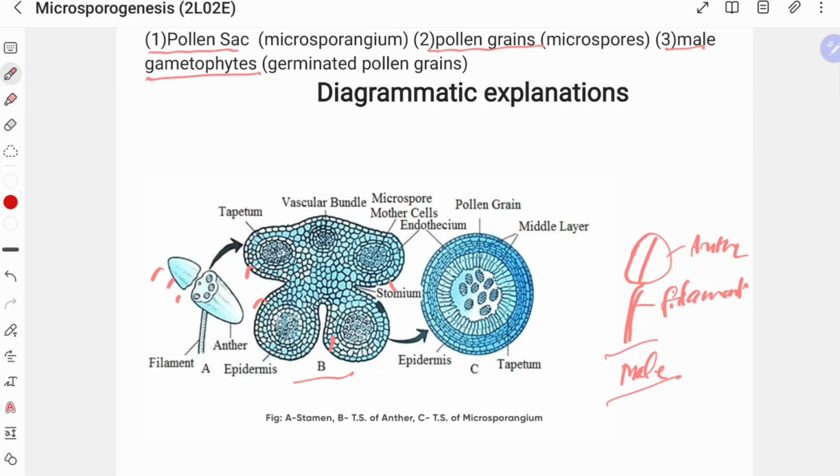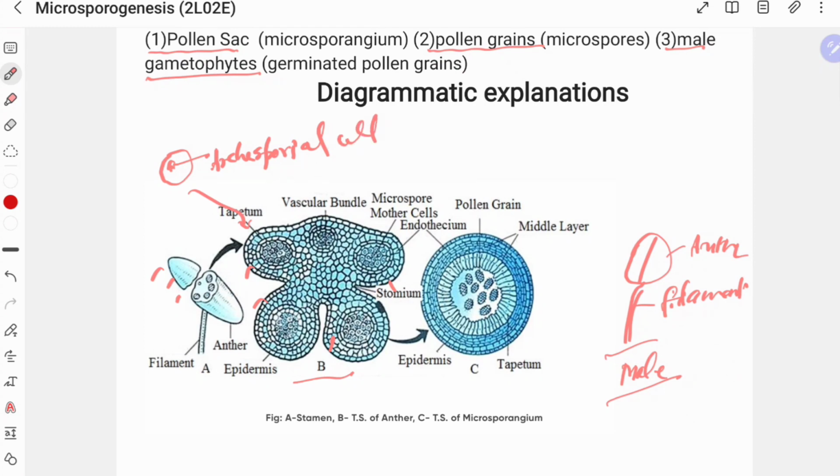In each lobe, the first cell is the archesporial cell.